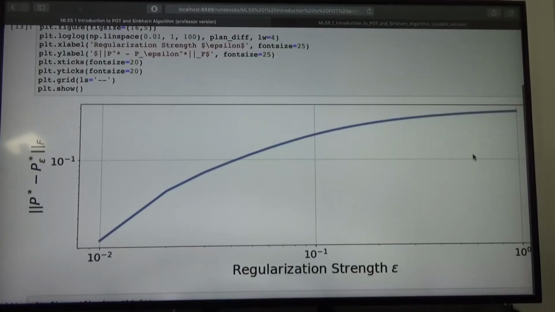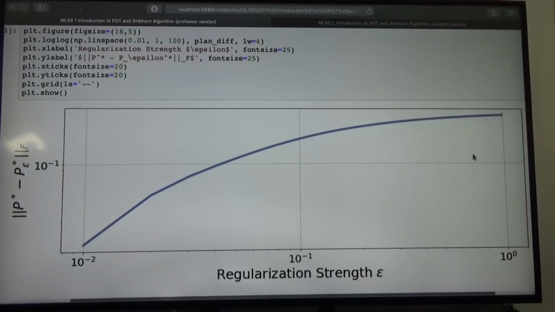Depending on the regularization strength, epsilon, the difference between the optimal solution of the entropy regularized problem and the optimal solution of the real transportation problem, the error will be smaller and smaller as epsilon goes to 0. And you can see this here on the plot.